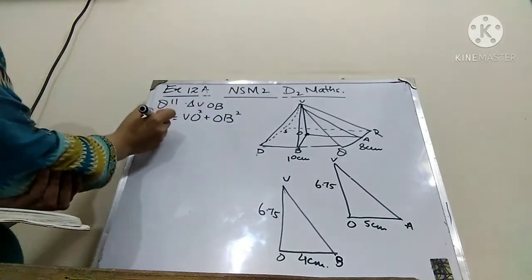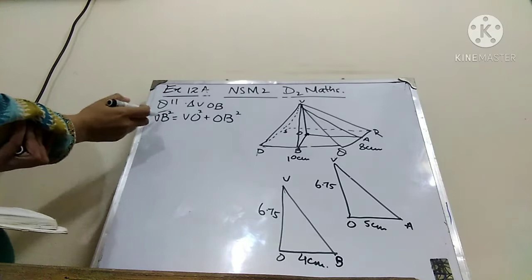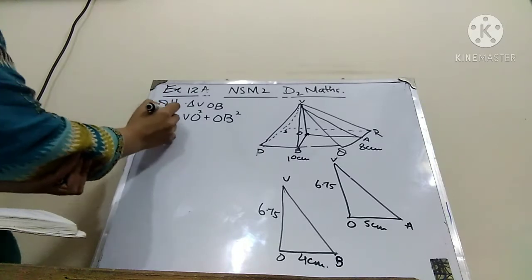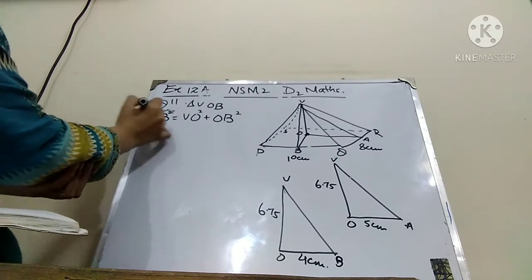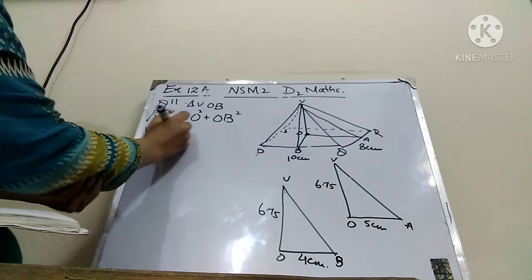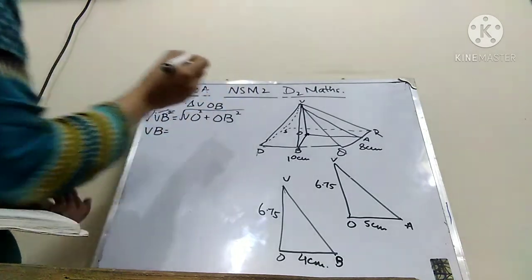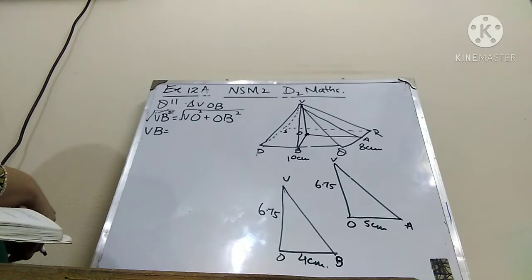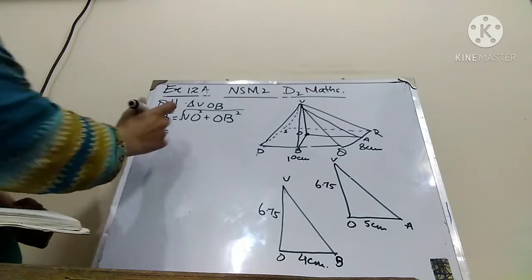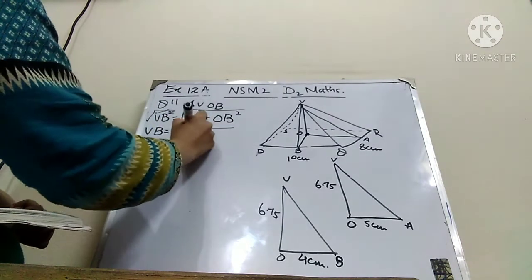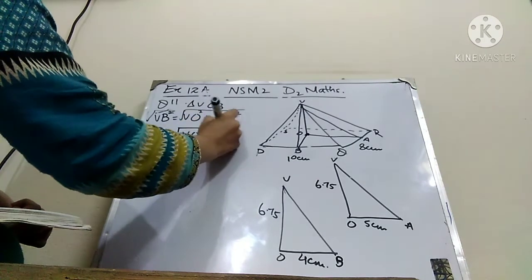Now, as I have to find VB, I will omit this square by taking the square root. When I take the square root, the square and square root cancel each other. As you know, this is the rule: if you take the square root on one side, you have to take the square root on the other side as well. So VB is equal to the square root of VO square plus OB square.